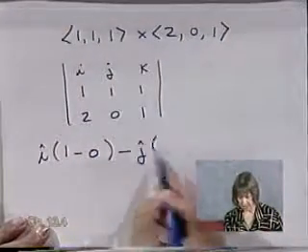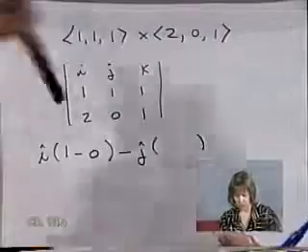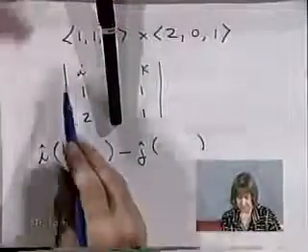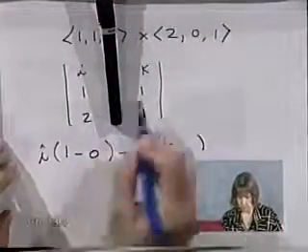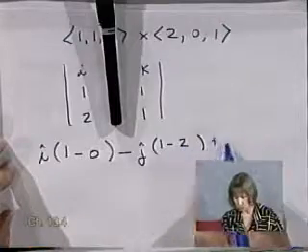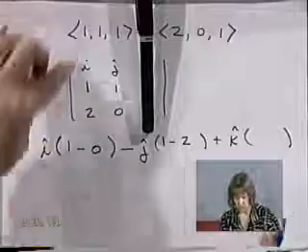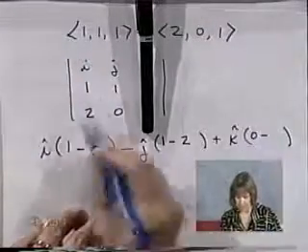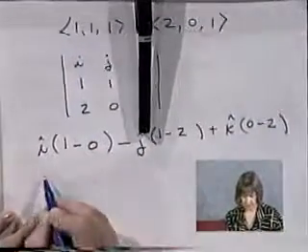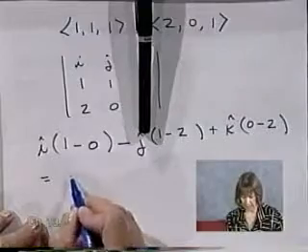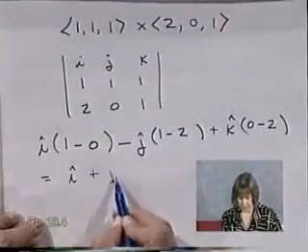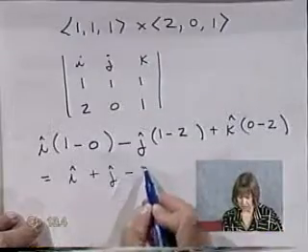Minus j times, eliminate the row and column that j is in. That gives me 1 times 1, which is 1, minus 2 times 1, which is 2. Plus k, let's eliminate the row and column that k is in. 1 times 0 is 0, minus 2 times 1, which is 2. So we end up with 1i. Now this is a minus 1, but with a minus in front, so plus j minus 2k.